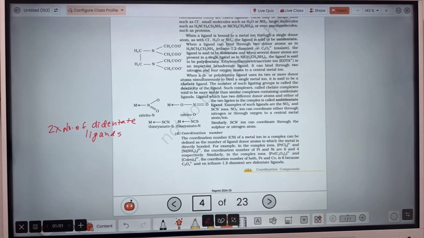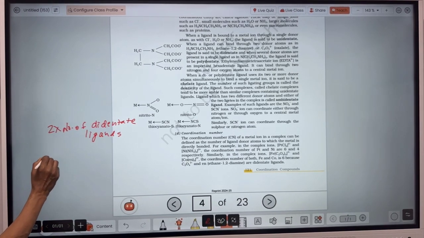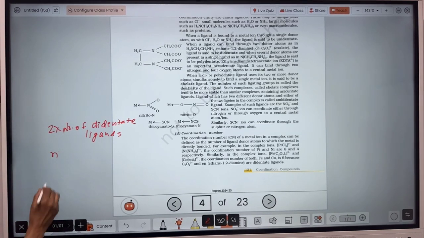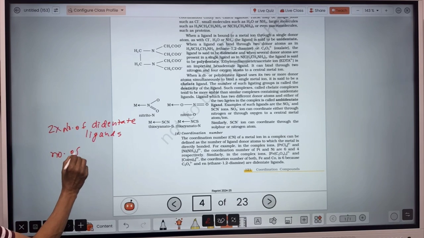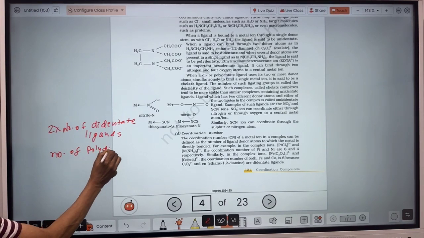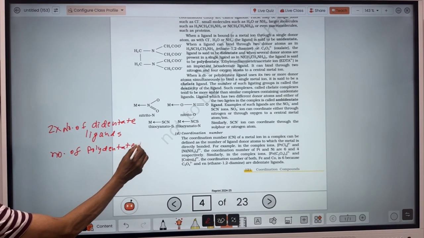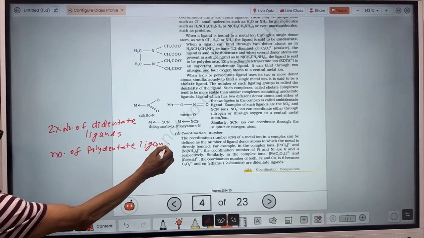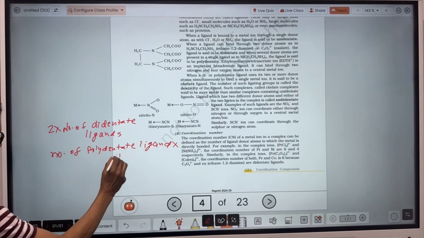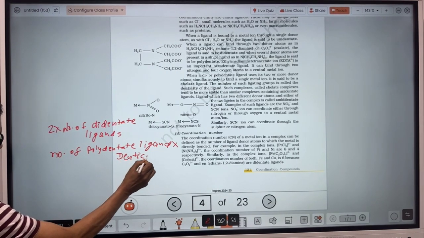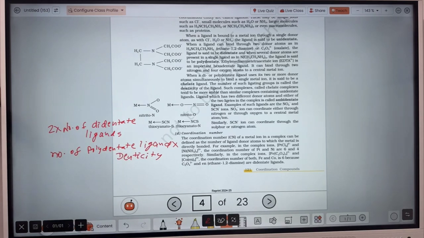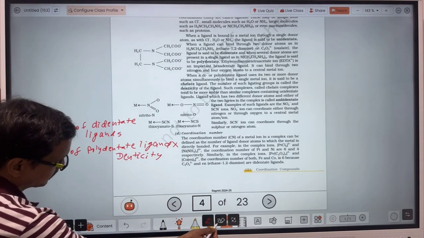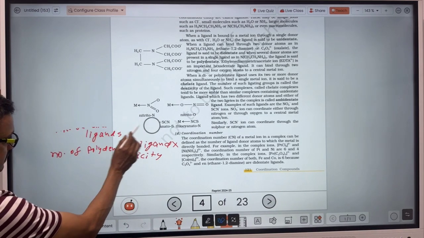And if there is polydentate ligand, then it is n into the denticity, which may also be the number of polydentate ligands into their denticity. Denticity means how many atoms will bond there covalently.